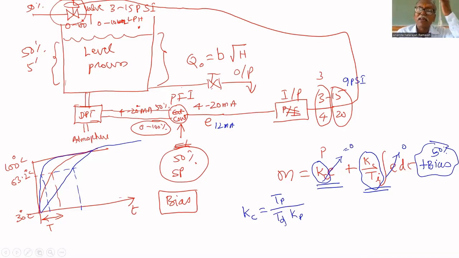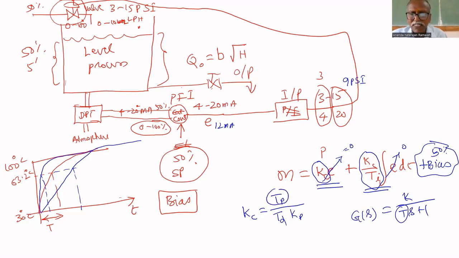You are modeling the RTD in the transducer lab. You can write the model of the transducer with gain equal to 1 for all measurements, because for 100 degree it gives 100 degree. That's why K equal to 1, over Ts plus 1. Like that you wrote the model. Am I correct or not? For the RTD you wrote like this. This T only you found in the experiment. Am I correct or not?